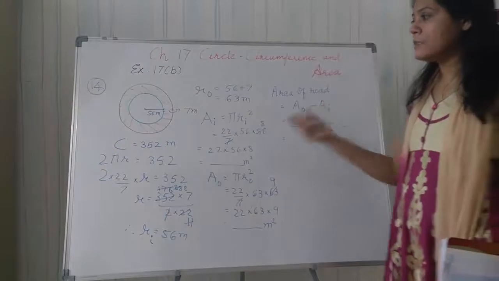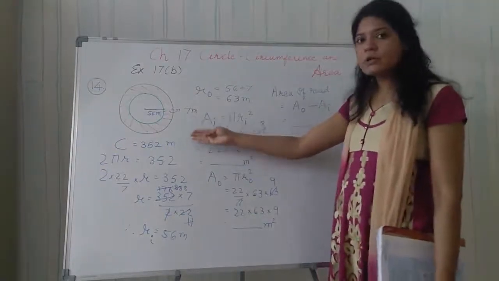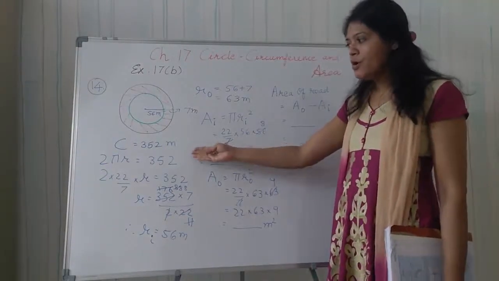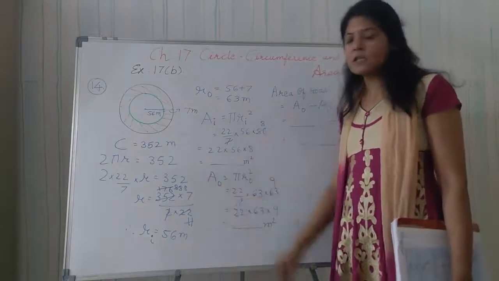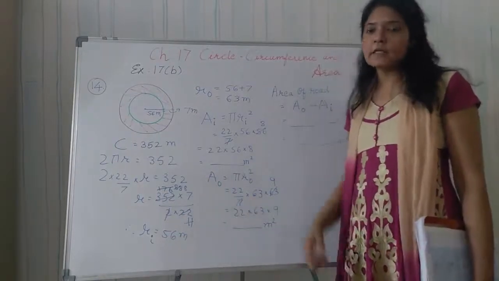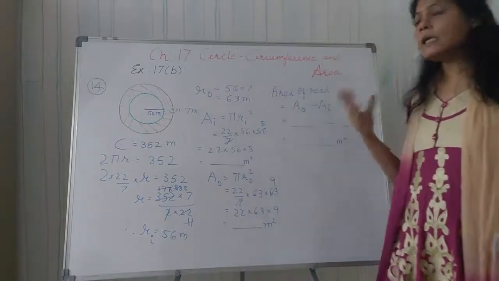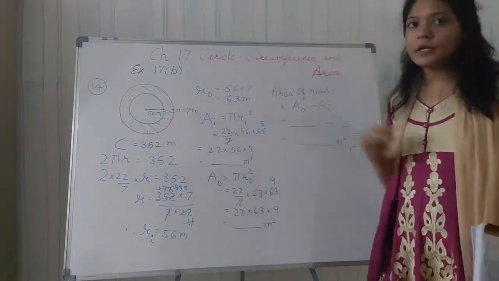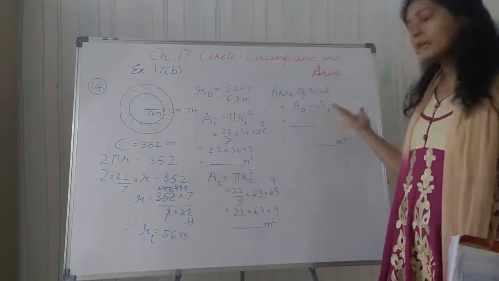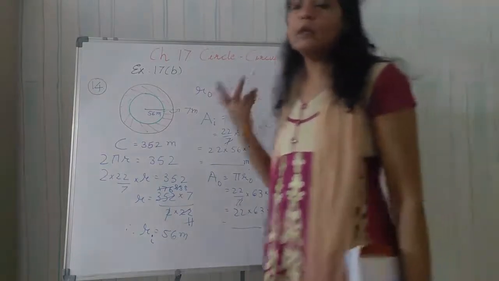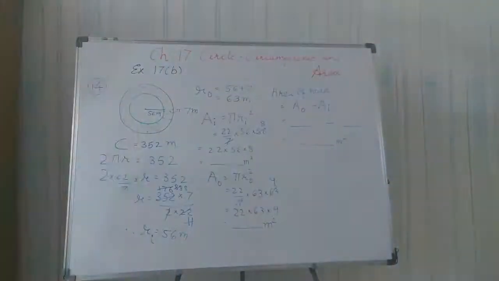See here, in this question, the circumference is given to you. So from the formula of circumference, we get the radius, that is the radius of the inner circle. And then using it, I get my outer radius also. And next, we can get anything you want. So these are the questions. You have to read the question thoroughly and understand it.